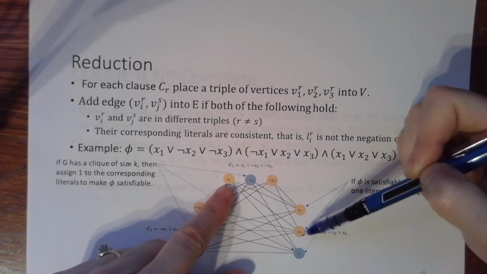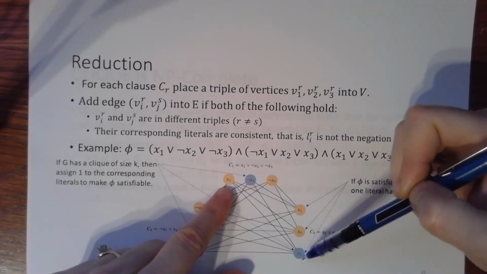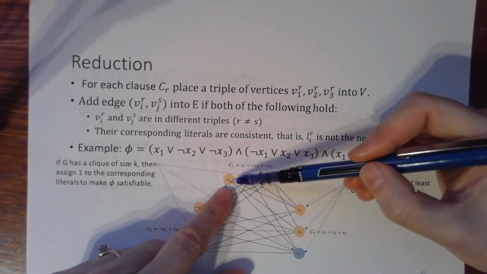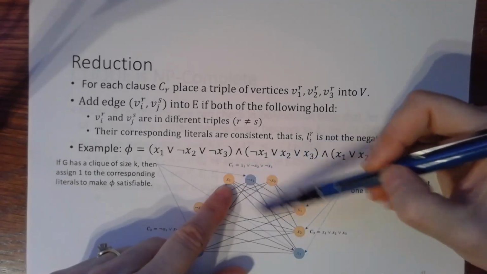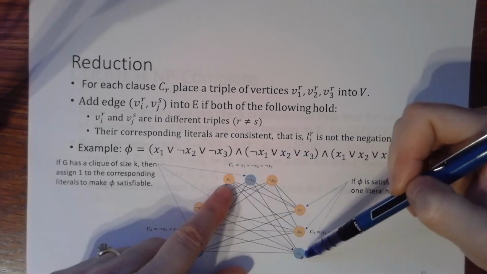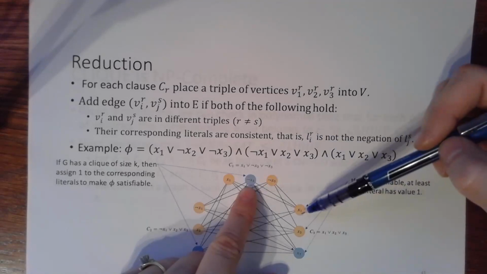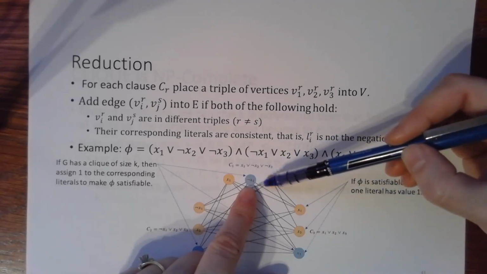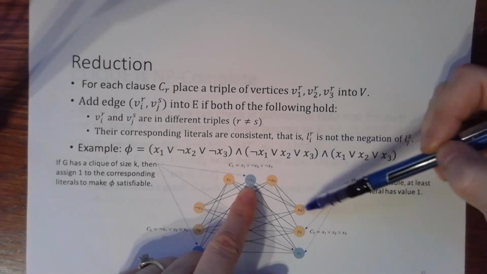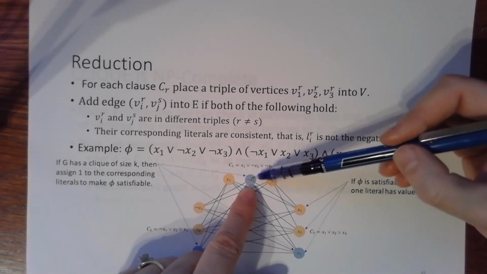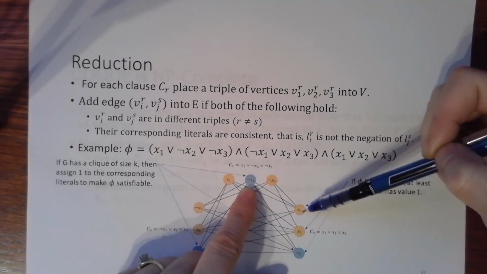There would be no problem with consistency, so I put an edge. x1 and x3 could both be true at the same time, or one could be true and the other one could be false. They won't interfere with each other, so I have an edge there. Okay, I move on to not x2. Over here I'll put an edge. This comes from a different group, so I'll put an edge between not x2 and x1. They could both be true or false at the same time, and they're not going to interfere with each other.